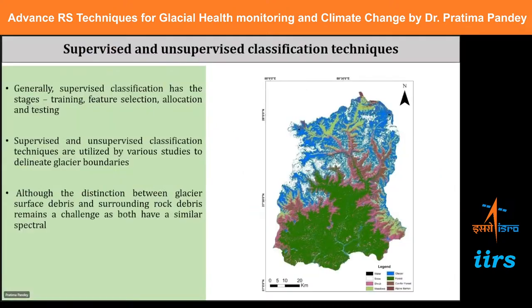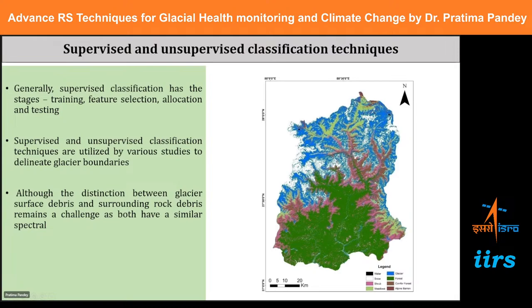The other technique for delineation is the supervised and unsupervised classification techniques. These are the two types of classification where we give training classes. We choose many features here like glacier, snow, vegetation, barren areas.